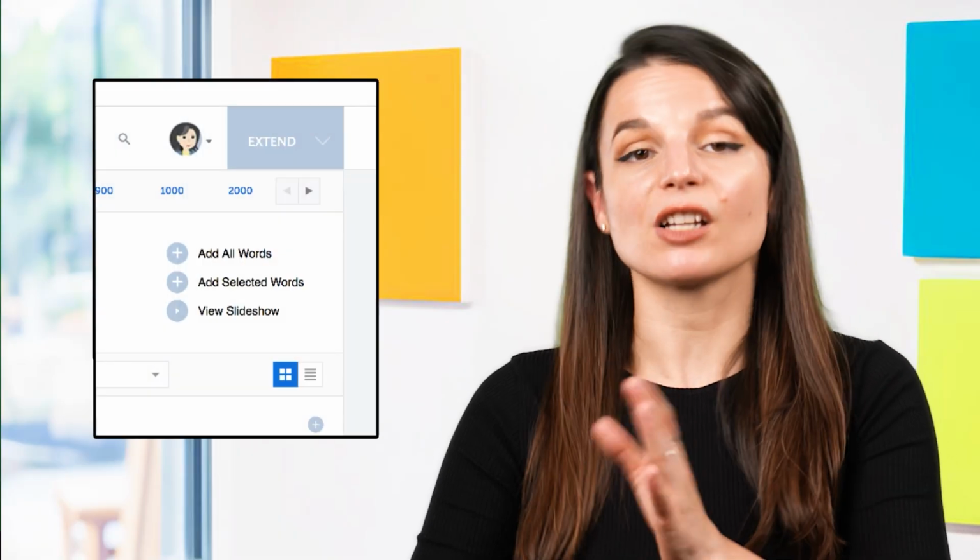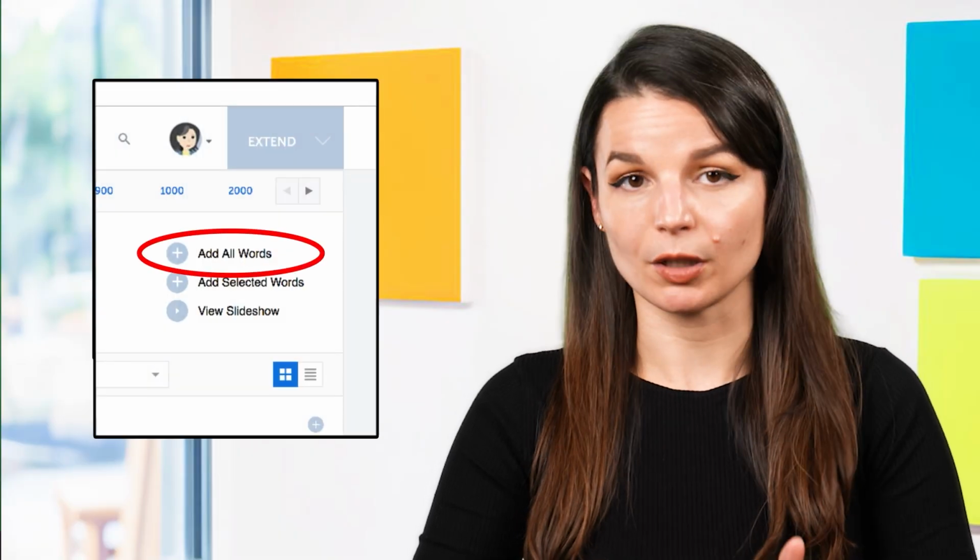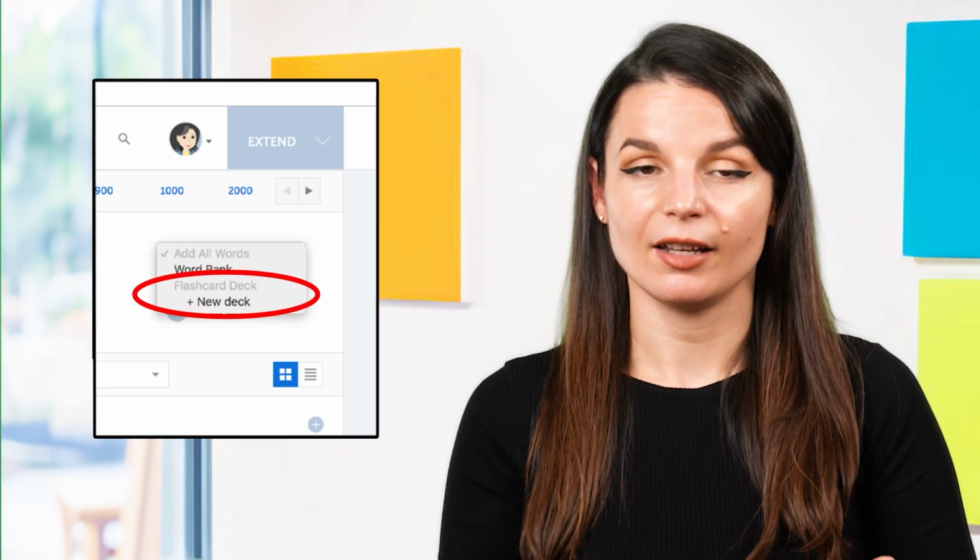If there are certain words you want to focus on later, you can send them to your word bank to review later. You can also pop them into our spaced repetition flashcards to really master them. Just select all words, hit Add All Words, then choose your flashcard deck. But the audio slideshow is the easiest way because you can play the words on loop in the background until you know them in and out. And you can easily start understanding everyday conversations just by starting with the first 100 core words.